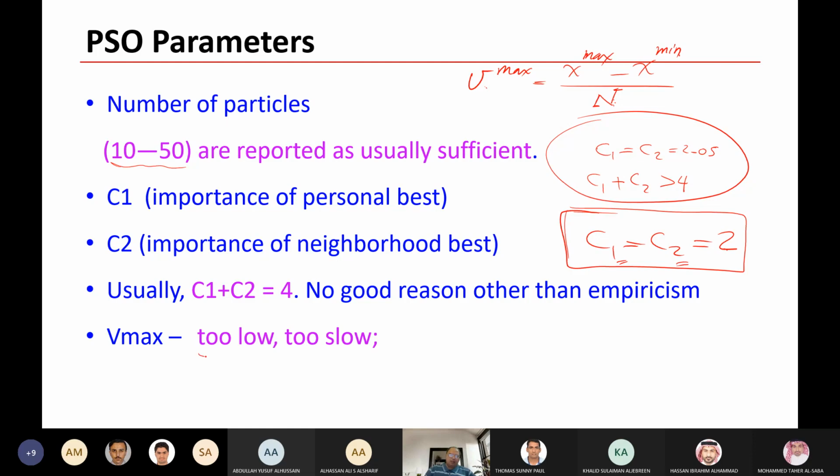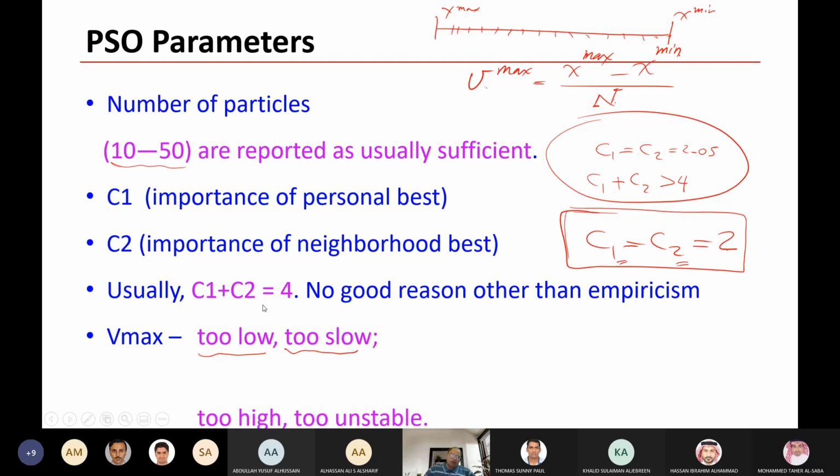If you make the Vmax very low, and the N is very high, you have very high number of intervals, then you limit the change in the position of the particle. You limit it. So it becomes too slow. So movement of the particles will be very slow.